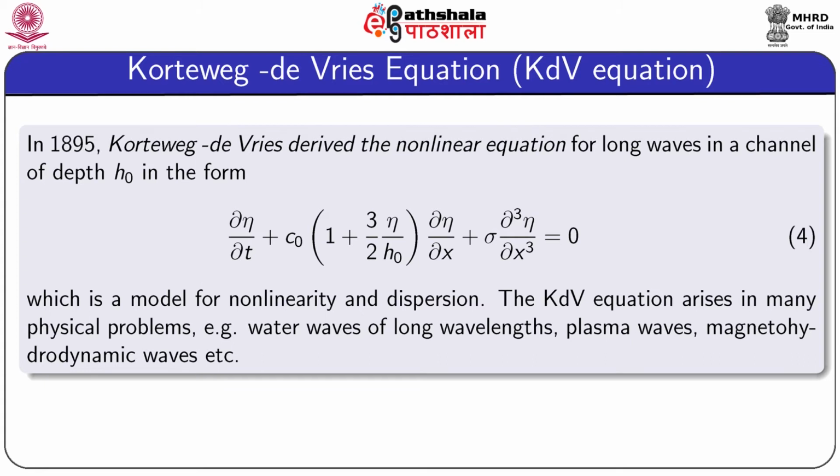In this equation you can see the nonlinear term, which is 3 eta C0 divided by 2 h0 into del eta del x. And the KdV equation, as I have already told, arises in many physical problems like water waves of long wavelengths, plasma waves, and magnetohydrodynamic waves, etc.